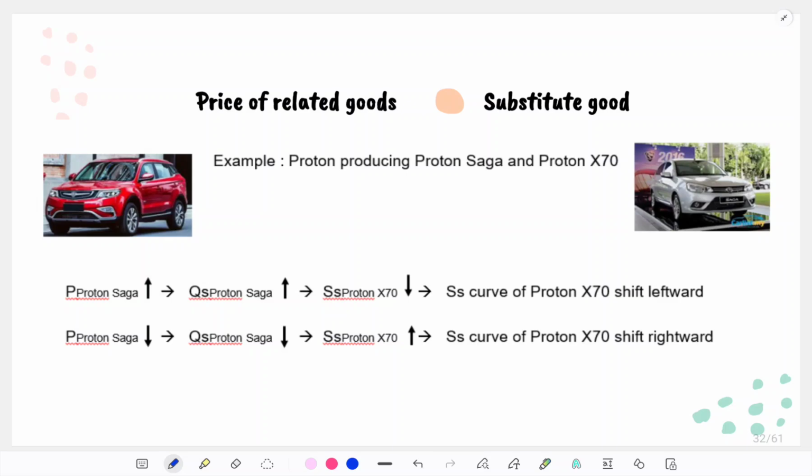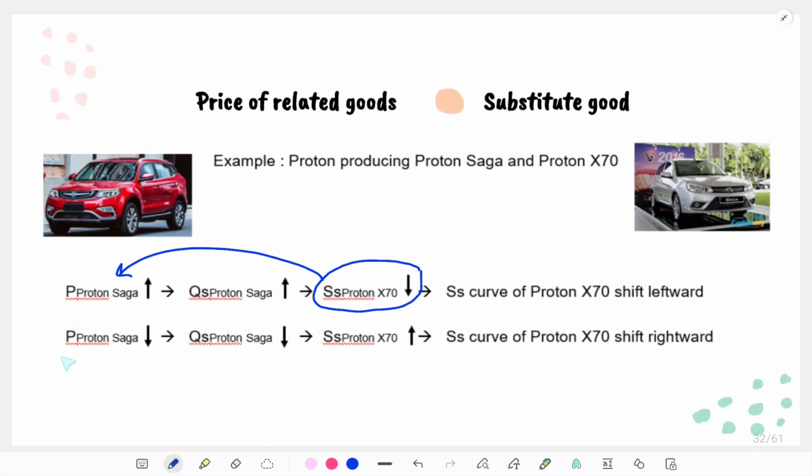With no change in the price of X70, the supply of X70 decreases due to the increase in its substitute good, which is Proton Saga. So, the supply curve for Proton X70 will shift leftwards.